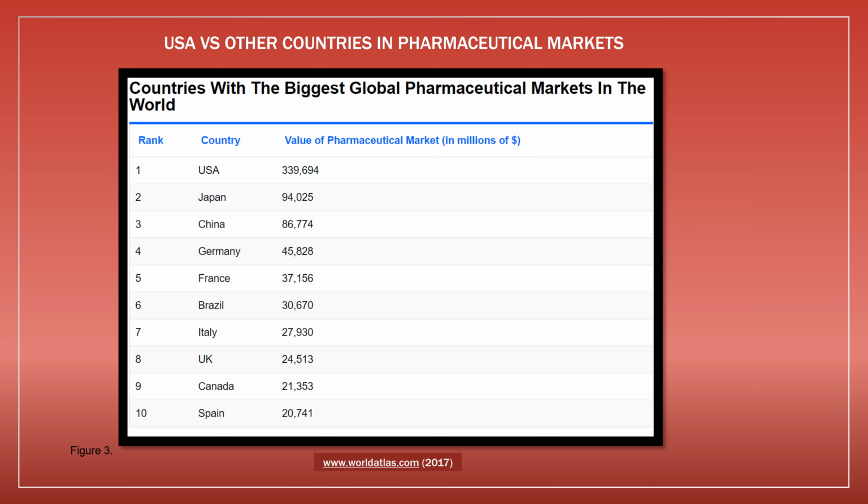Typically, internationally, all retail drug prices are much lower. If you think about it this way, the same drug in America can cost 3 to 5 times more than its price abroad.